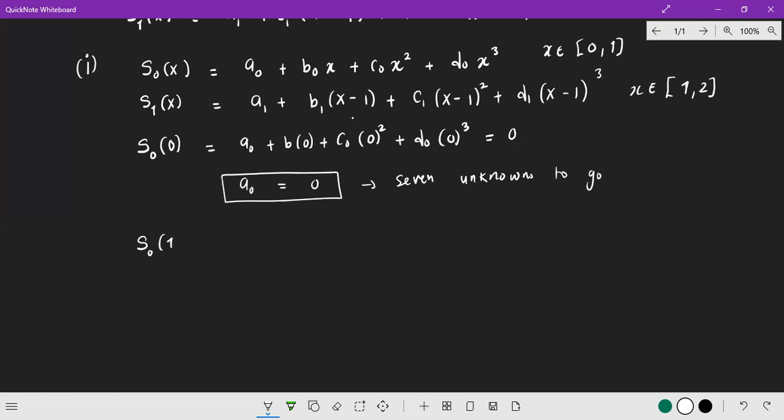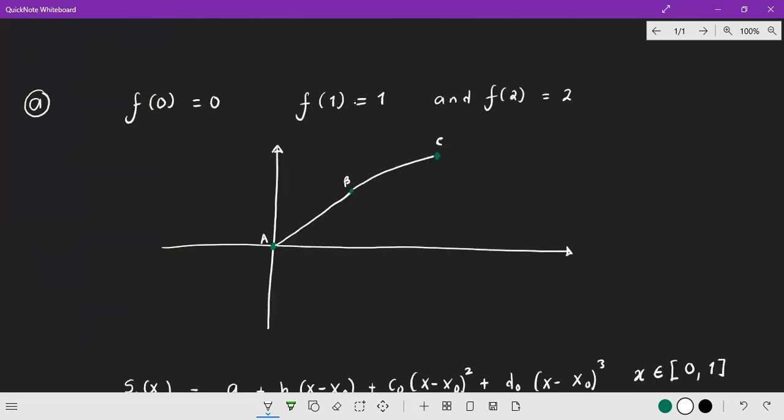So S naught of 1 is equal to A naught plus B naught times 1 plus C naught times 1 squared plus D naught times 1 cubed. And here, when X is equal to 1, what's the output there? The output also is equal to 1. So we put this equal to 1.